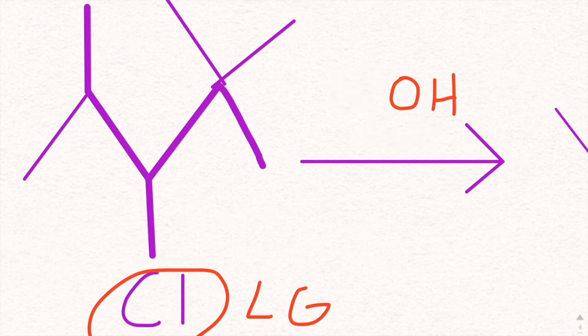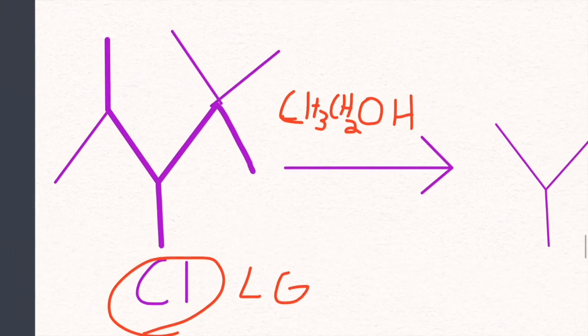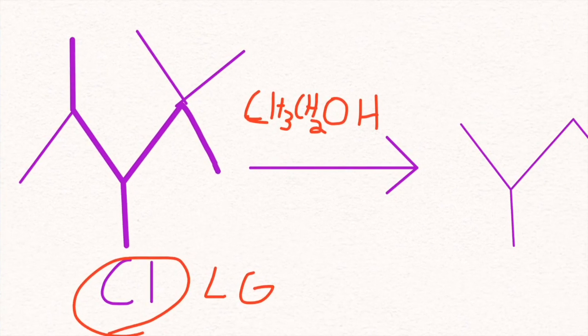So let's say this carbon here is just an ethyl group, so CH3, CH2. Okay, so that is a weak nucleophile. Now, as we said, the first step is our leaving group leaves.